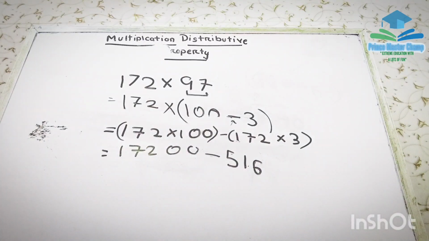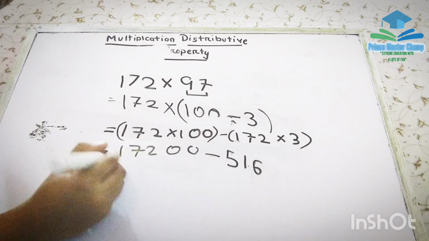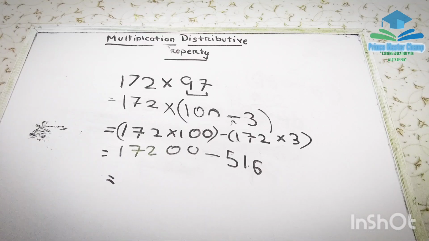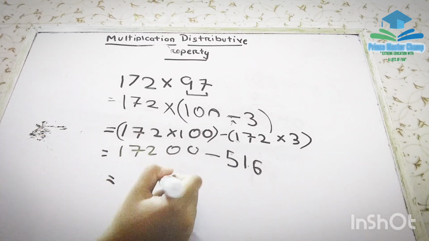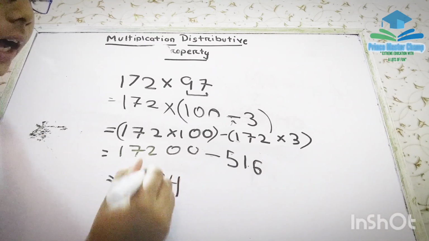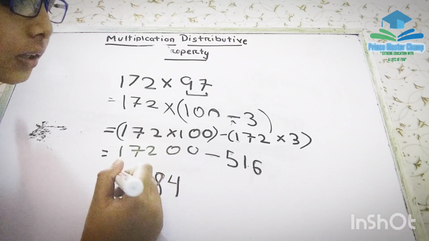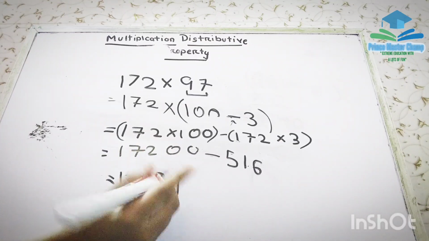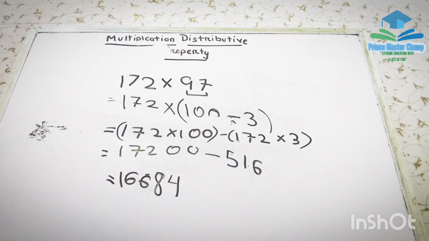Now, after this much is done, we need to subtract. After subtraction, we will get our answer. Okay, now we got the answer. This is our answer after the whole step.